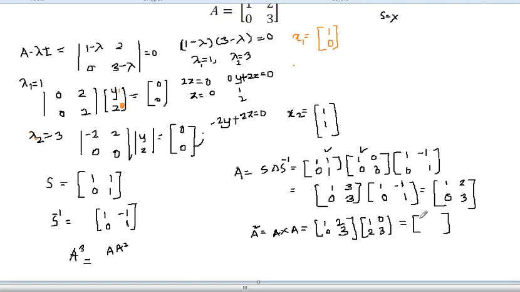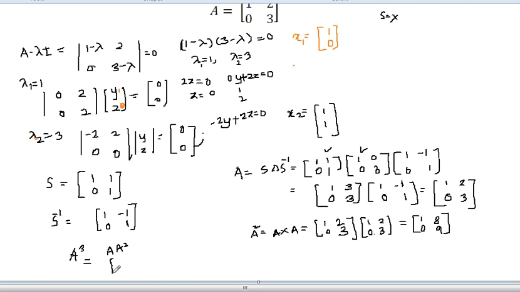So when we multiply this, one can check, 1 into 1 is 1, and 2 into 0, and 3 into 1 into 0, 2 into 3 is 6 plus, so we get 1, 8, 0, 9. One can check this. Then A cube is equal to A into this.